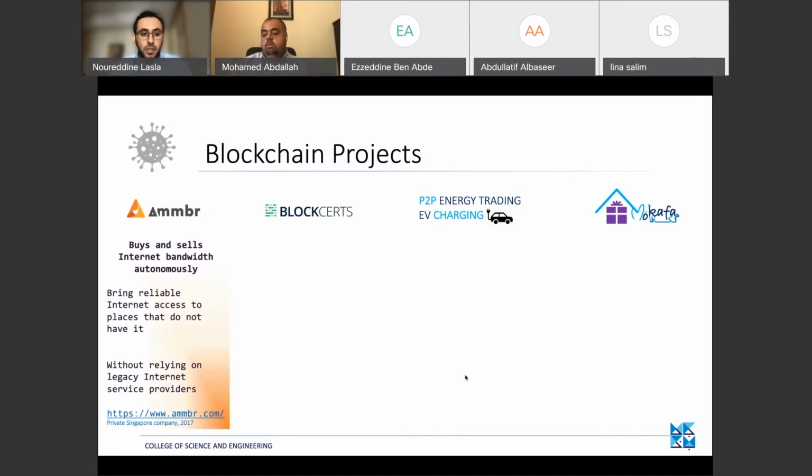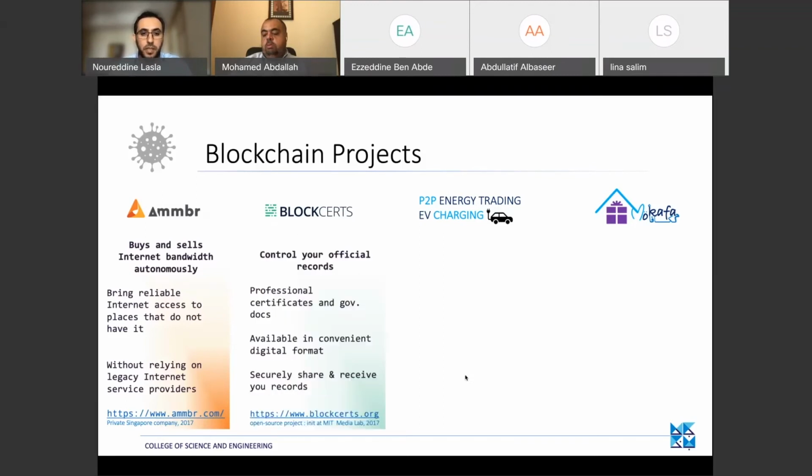This has been developed by a private Singapore company in 2017. The second project is about providing a way to share official digital documents, thanks to blockchain technology that ensures transparency and security. This is an open source project that was initiated by MIT Media Lab in 2017, and it is still under heavy development on GitHub.